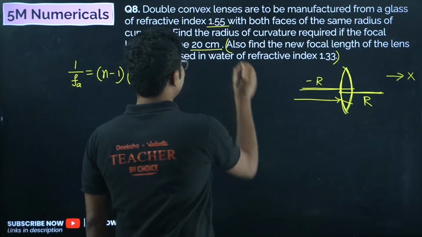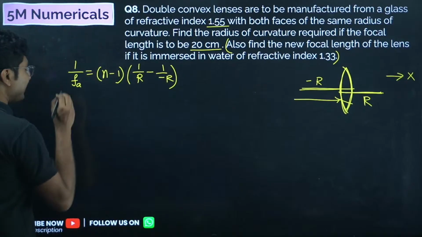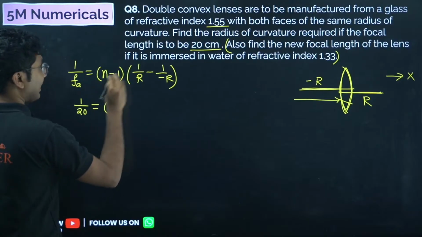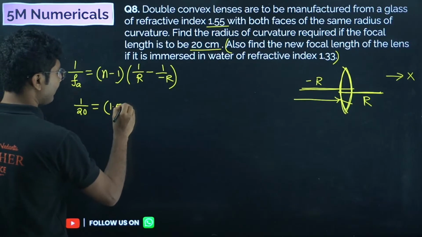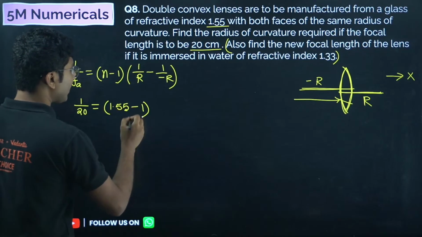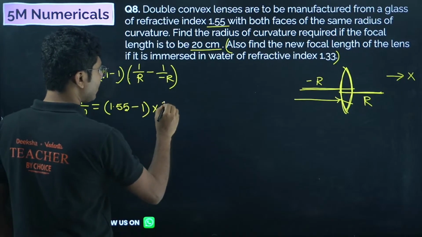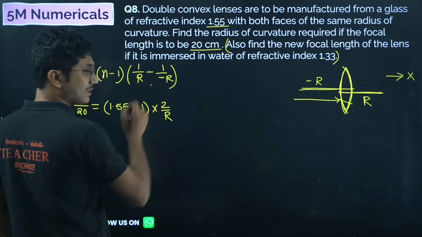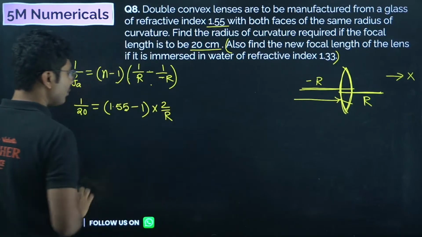The required focal length given here is 20 centimeters, so f in air is given. So 1 by 20 equals (1.55 minus 1) into, if you calculate this, 2 by r. Minus minus plus, so plus 1 by r, so it will be 2 by r.